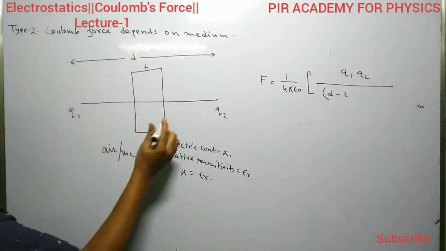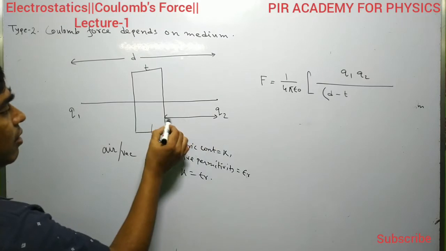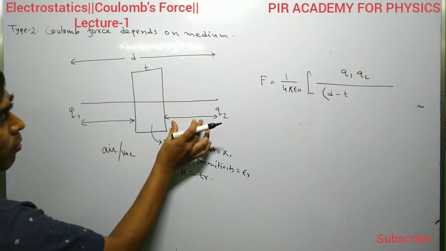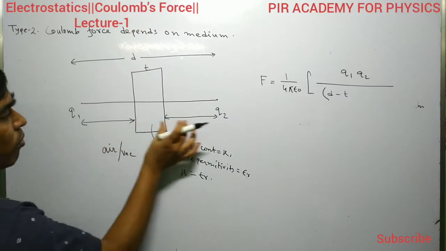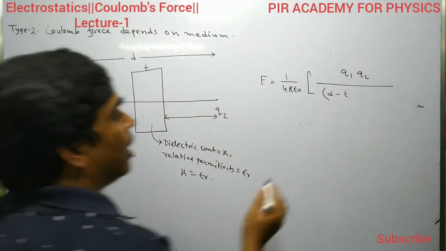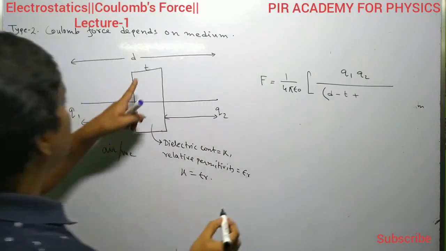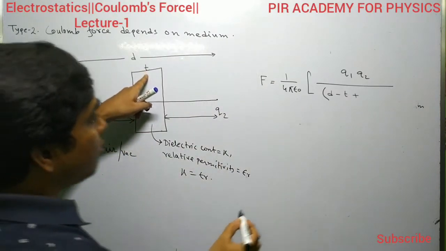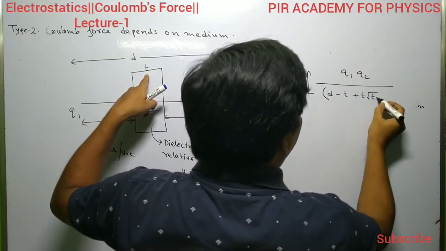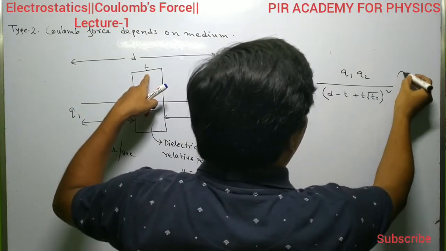Here one distance is d minus t, and another distance is t. This t will be t root over epsilon r, whole square.